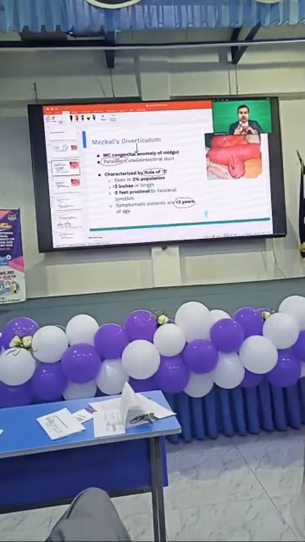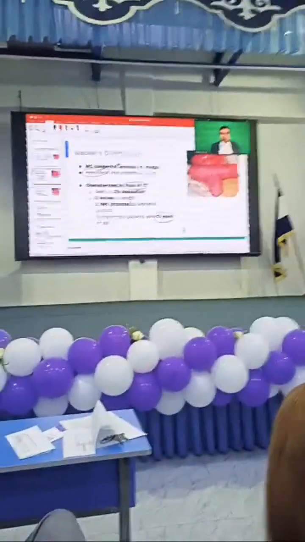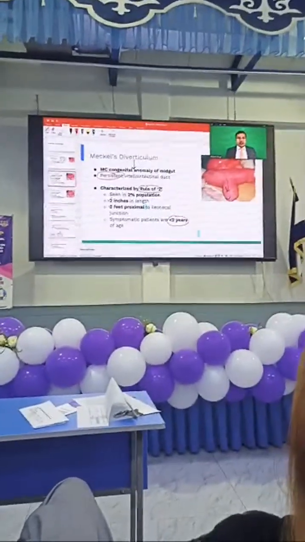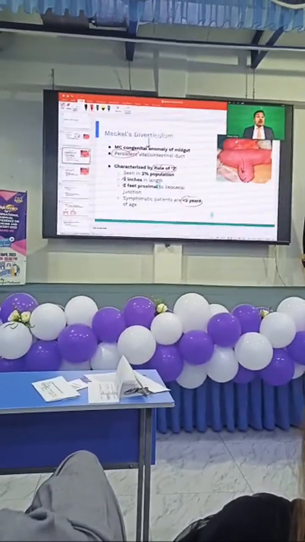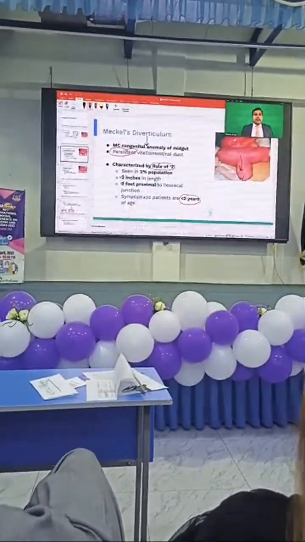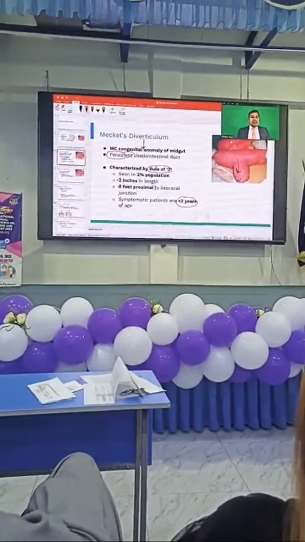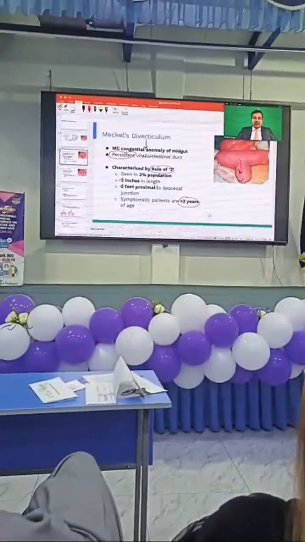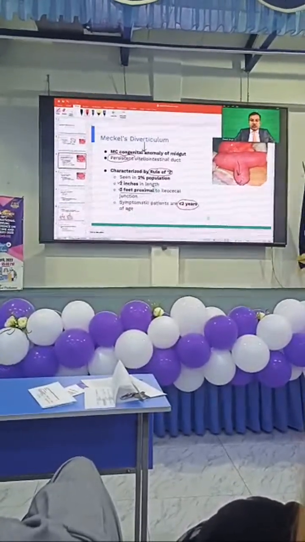If the appendix looks normal, then we have to rule out the presence of Meckel's diverticulum, and that's why we go 2 feet proximal to the IC junction to locate whether the patient has Meckel's diverticulum or not. Why? Because sometimes inflammation of Meckel's diverticulum can present as signs and symptoms of appendicitis. So that's why it is located 2 feet proximal to the IC junction.